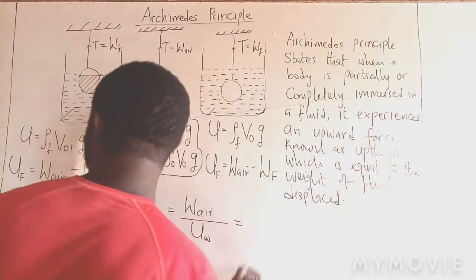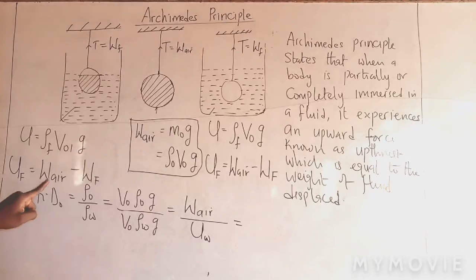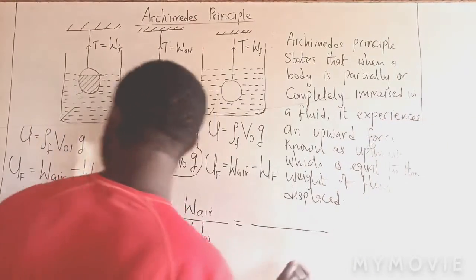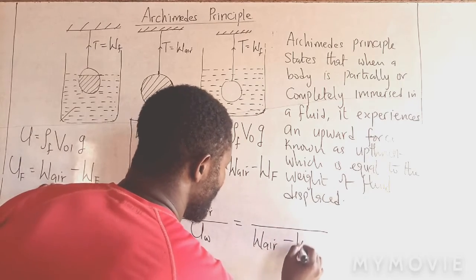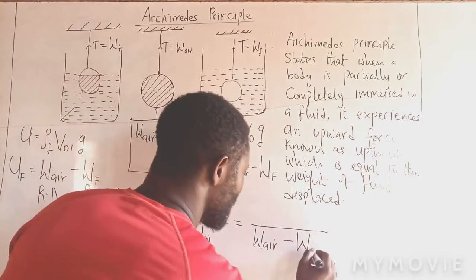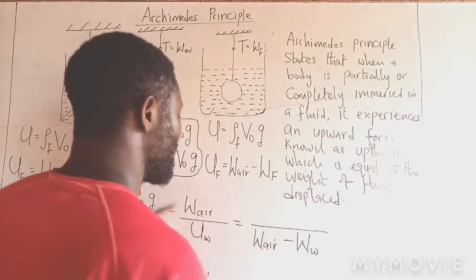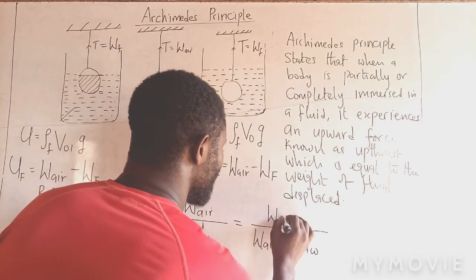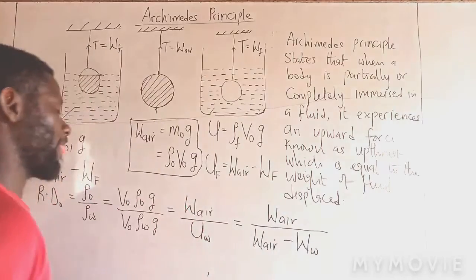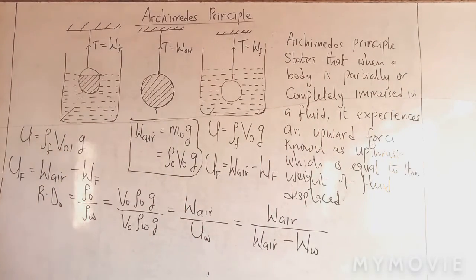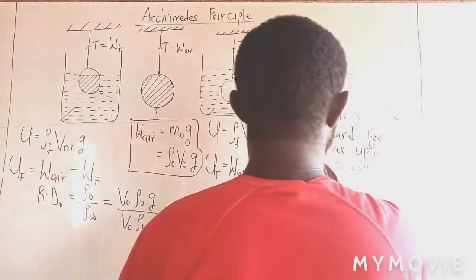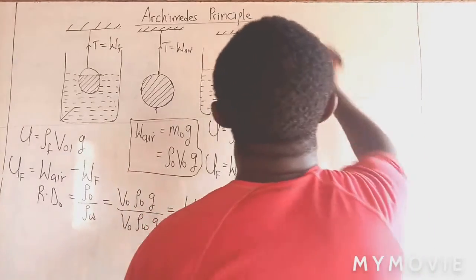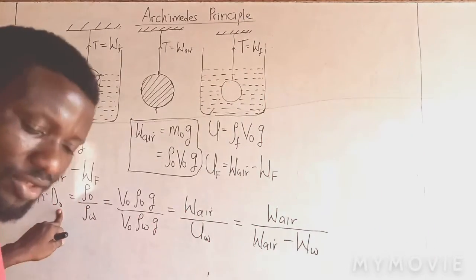But we have stated clearly that upthrust is equal to weight in air minus, in this case, weight of object in water, and we have weight in air. So this formula could be used when a question is given. Now let's look at another formula. This is relative density of objects.